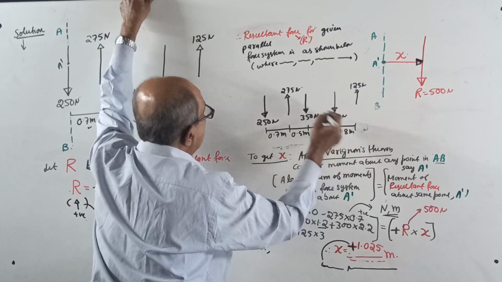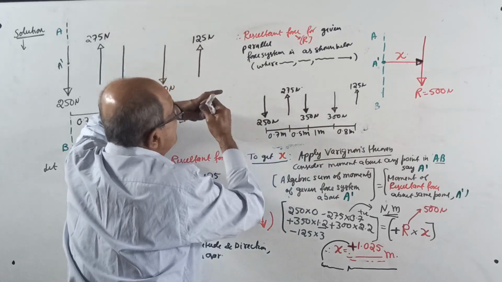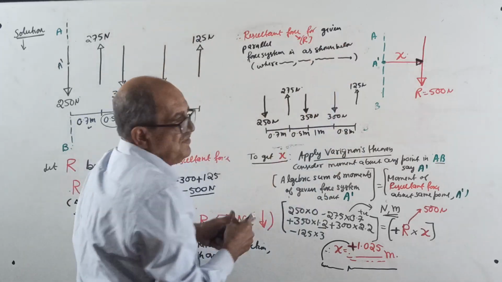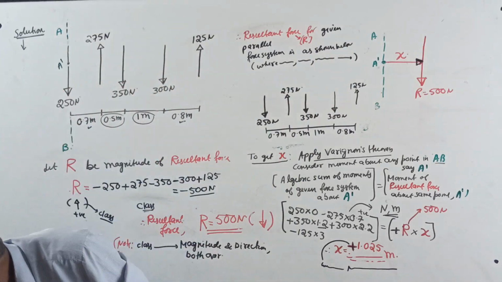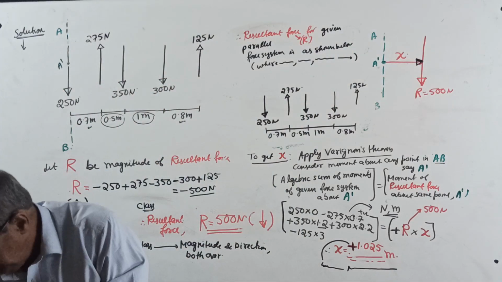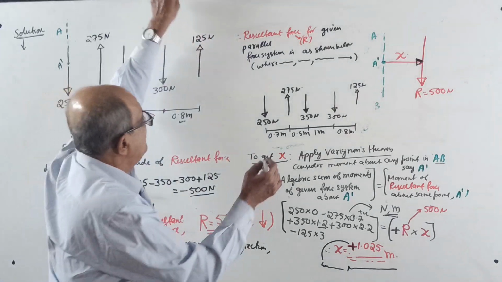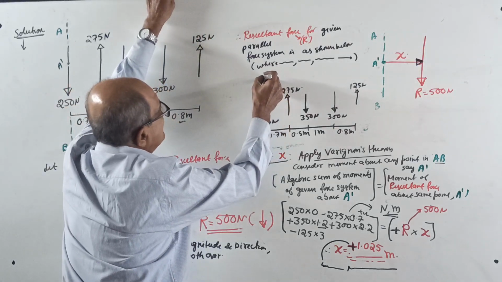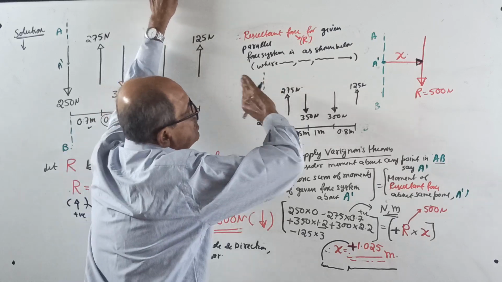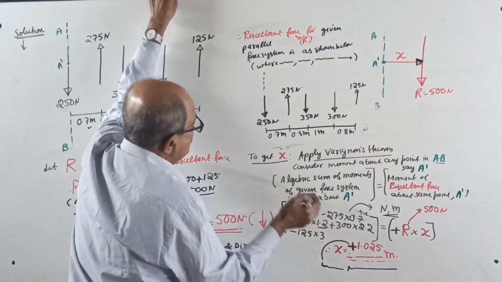0.8 meter. See, from our reference axis AB, what we considered as reference axis AB, where is it? Okay, our reference axis is taken here. From here to the right side by 1.025.